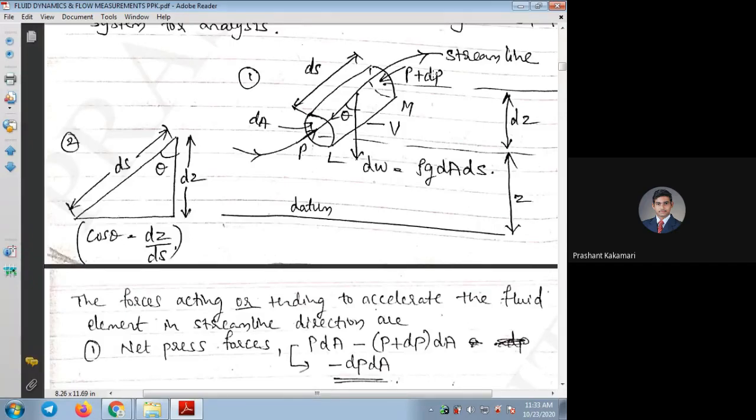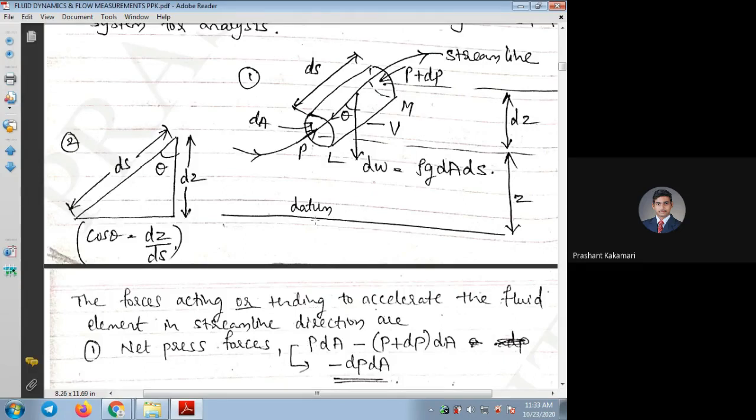That is considered as minus P plus dP into dA, because these pressures are acting on the given surface area at the inlet and outlet side. To keep the same area, we have considered one cylindrical area. It may be any area, not only cylindrical. Just for reference, we have taken a cylindrical area. So dA is considered with pressure. That becomes force.